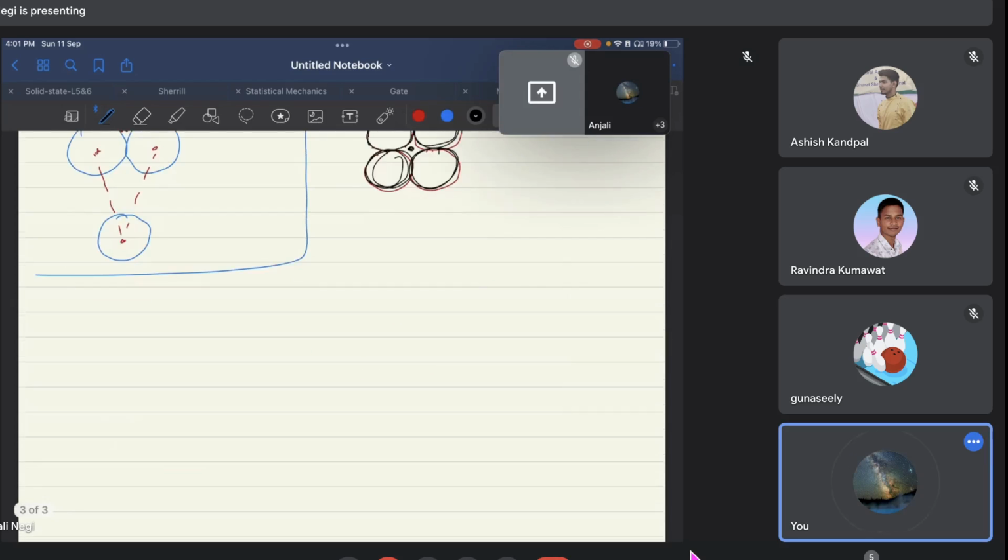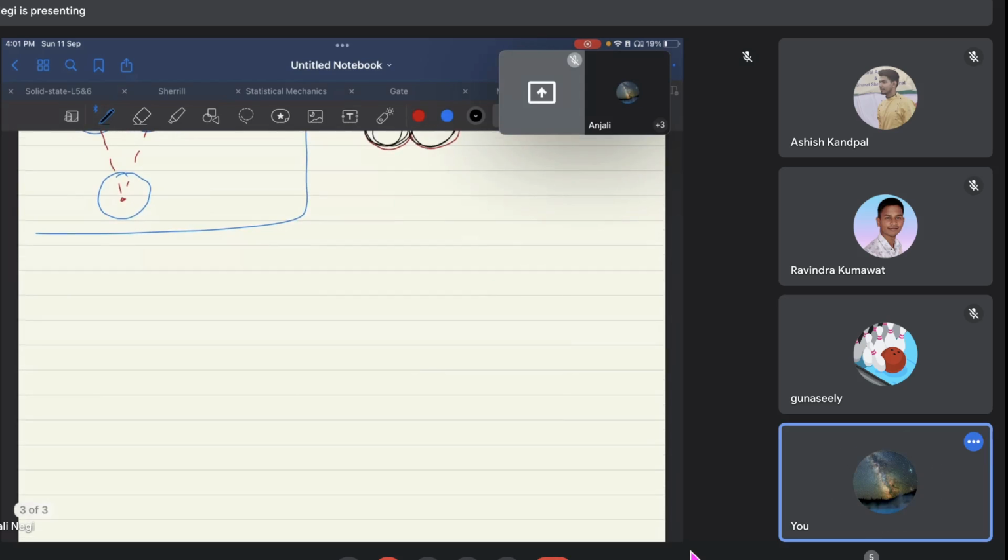Okay, so when we are talking about close packing in 3 dimensions, we are talking about the layers. So it can be ABA or it can be ABC.